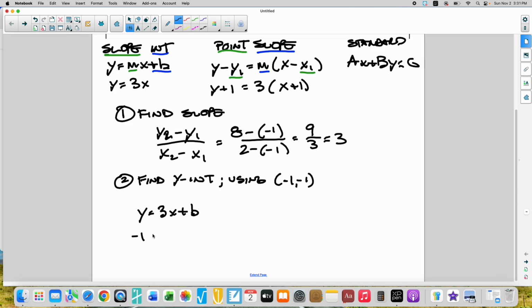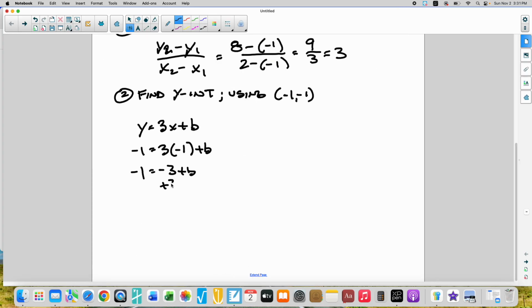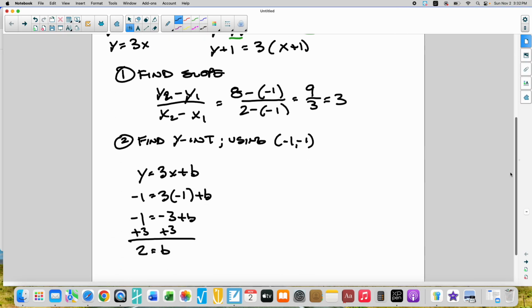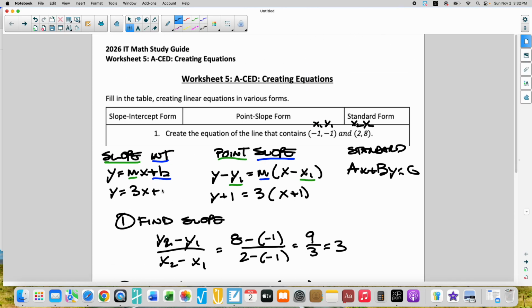So we'll put negative 1 in for y, because that's my y value, equals 3 times my x value, which is negative 1, plus b, equals negative 3 plus b. And then we'll add 3 to both sides to get 2 equals b. That's my y-intercept. So plus 2. That's the equation in slope-intercept form.